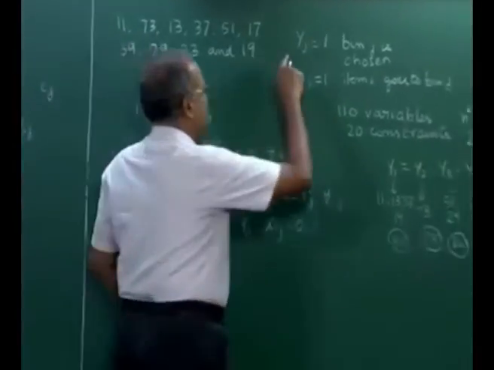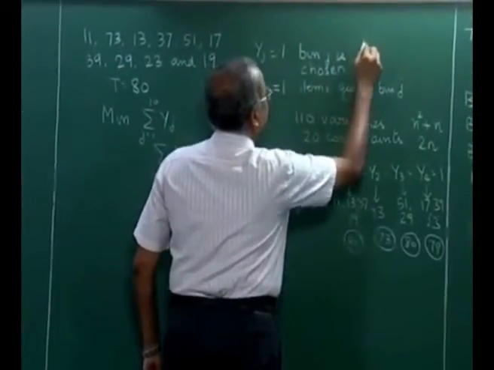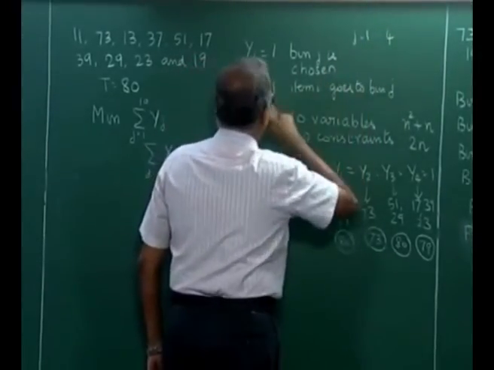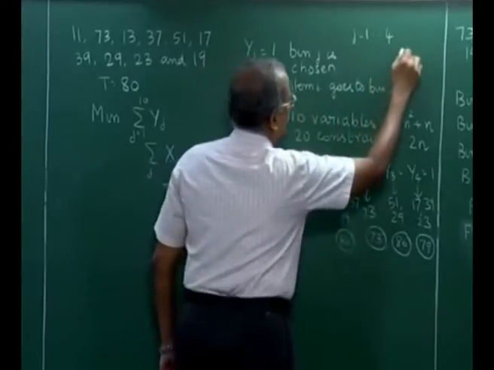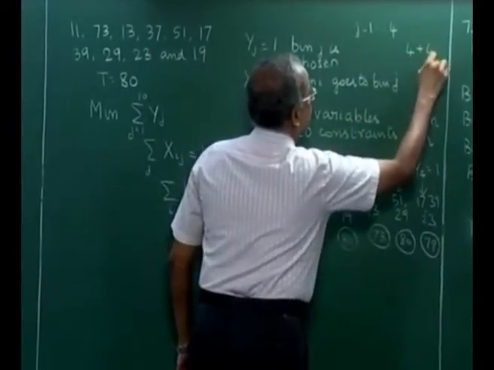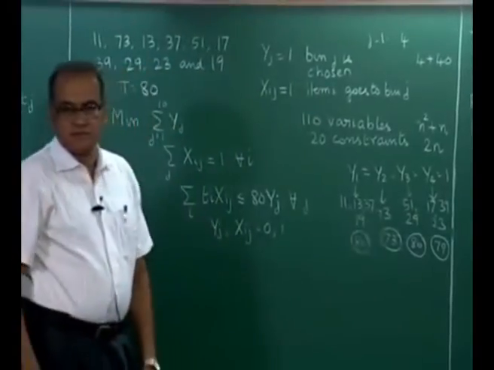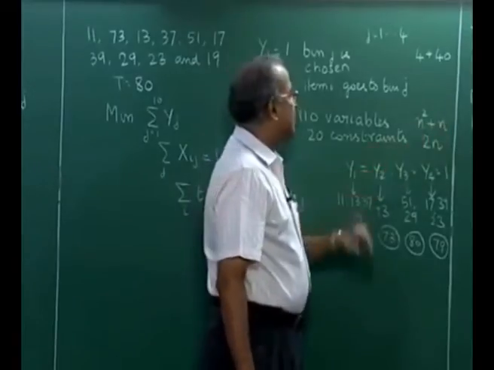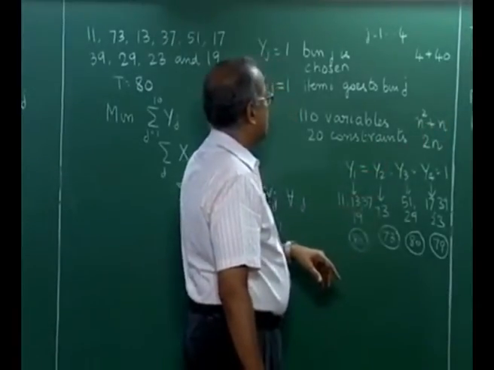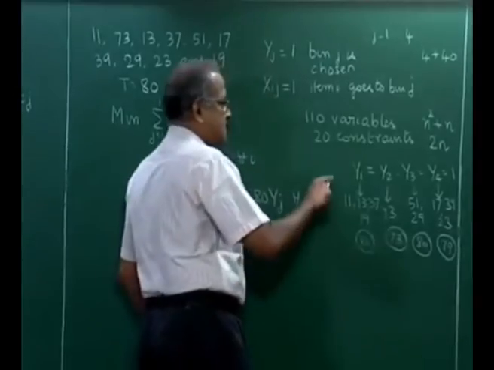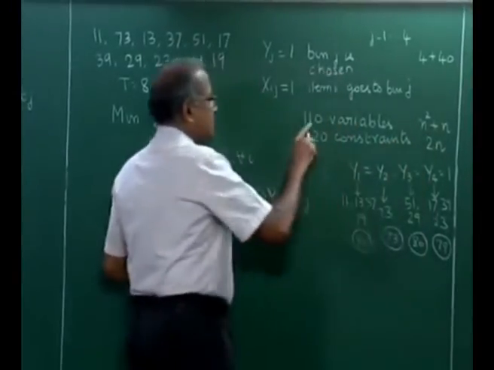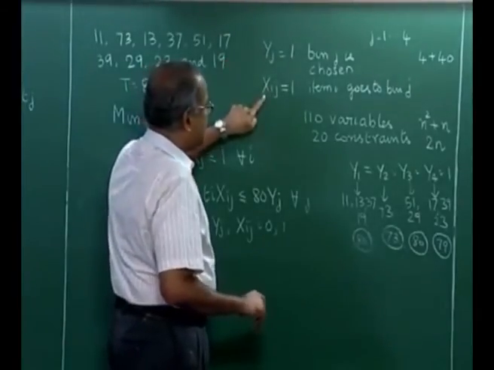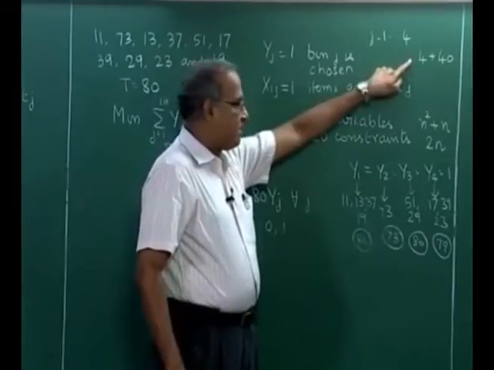Now simply define yj for j equal to 1 to 4 and xij equal to 1 if item i goes to bin j. So the number of variables yj will be 4, xij will be 40, so we will have 44 variables.